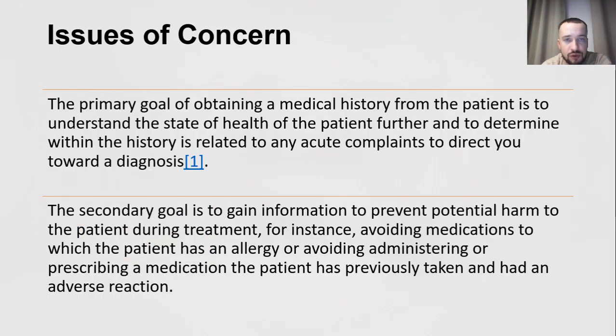Issues of concern. The primary goal of obtaining a medical history from the patient is to understand the state of health of the patient further and to determine whether the history is related to any acute complaints to direct you towards a diagnosis. The secondary goal is to gain information to prevent potential harm to the patient during treatment, for instance, avoiding medications to which the patient has an allergy or avoiding administering or prescribing a medication the patient has previously taken and had an adverse reaction.